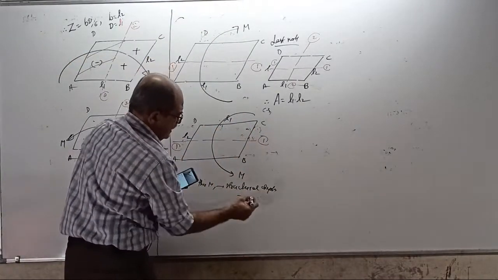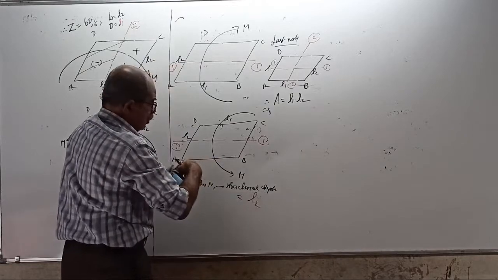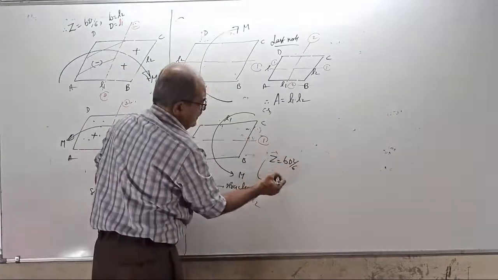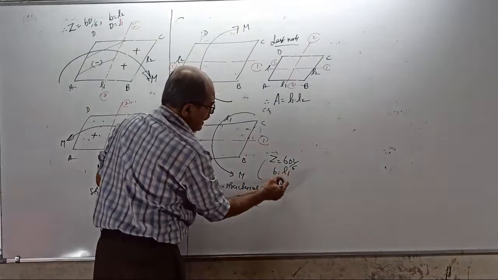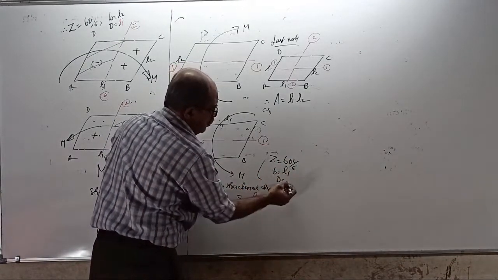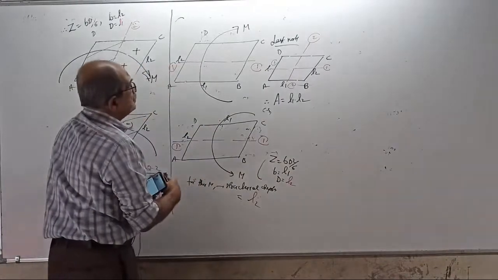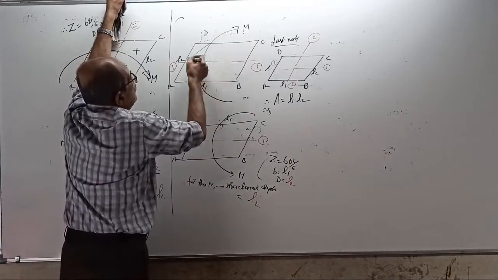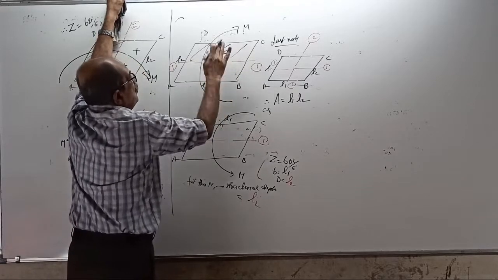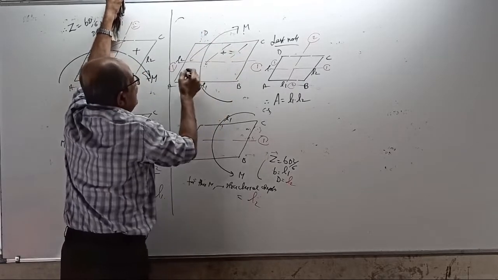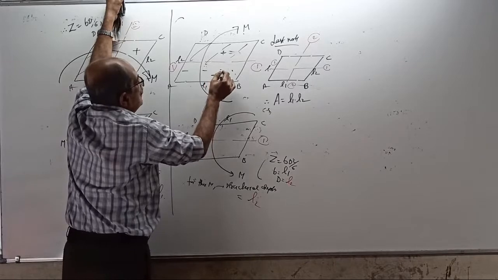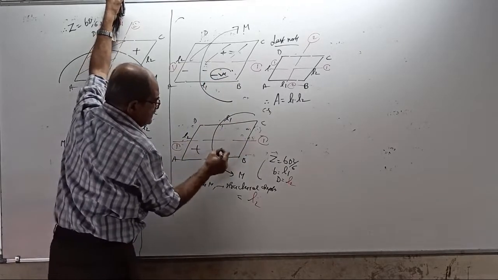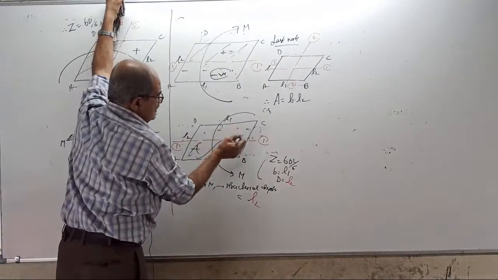Structural depth is L2. Therefore, in the term Z equals BD square by 6, your B is L1, D equals L2, so L2 is to be squared. If it is this way, we will call this M1. This side is compression, positive, because it is pressing the soil. This side is negative. For this way, this is plus plus, and this is negative.